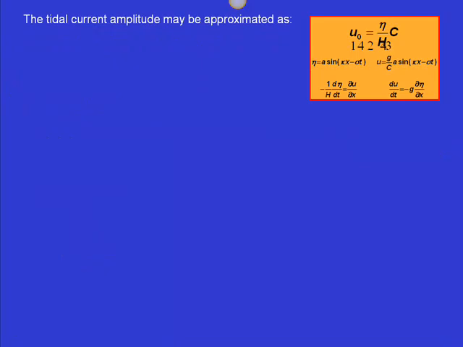Now, from linear wave theory, you can see that the current can be approximated as proportional to the phase speed of the gravity wave, and the proportionality ratio is the ratio between the tidal amplitude and the depth of the water column.